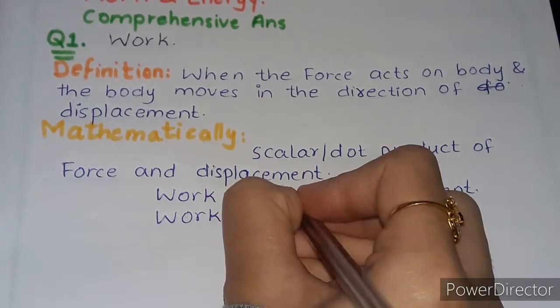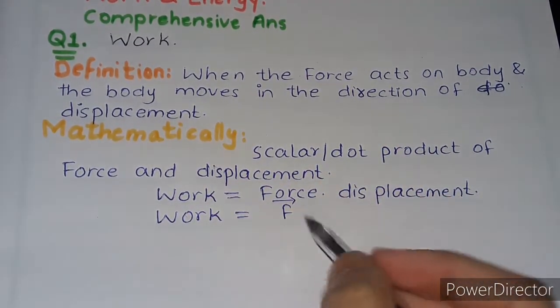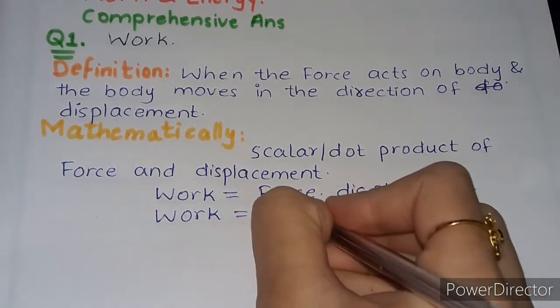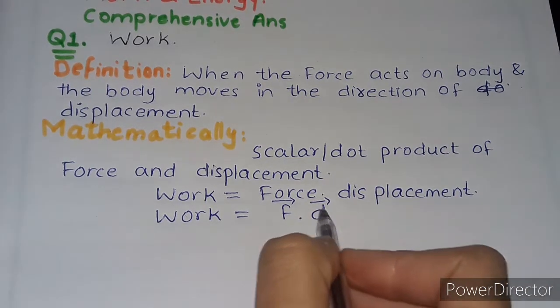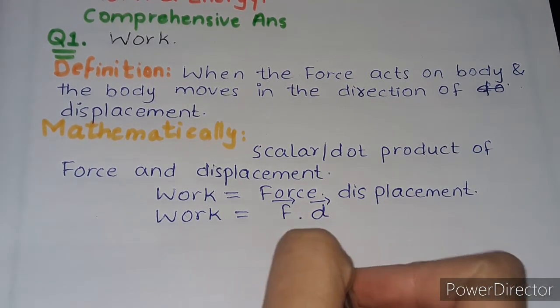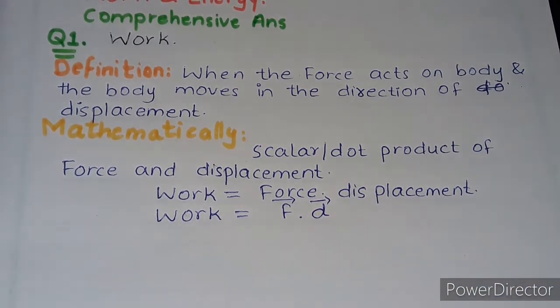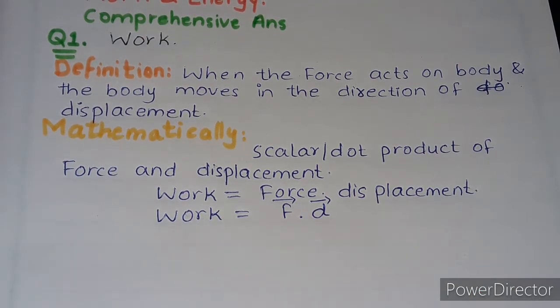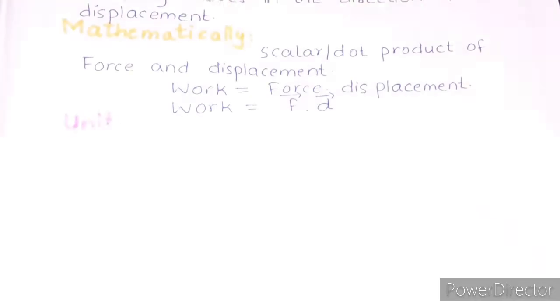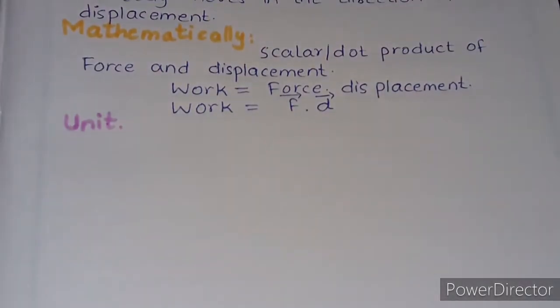Force is a vector quantity, so it will be arrow headed. Displacement is also a vector quantity, it would also have an arrow on its head. And work is a scalar quantity. Then we will write the unit of work.